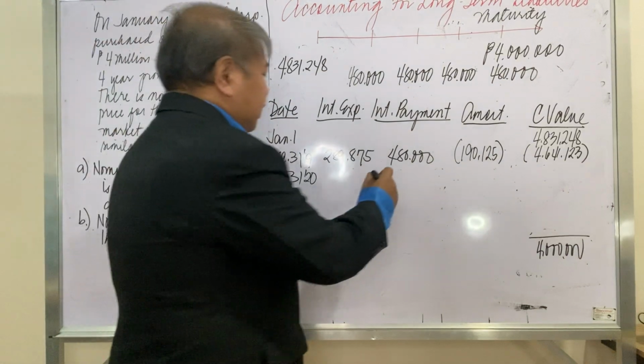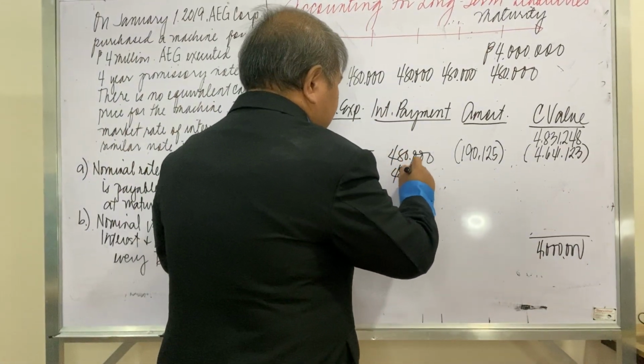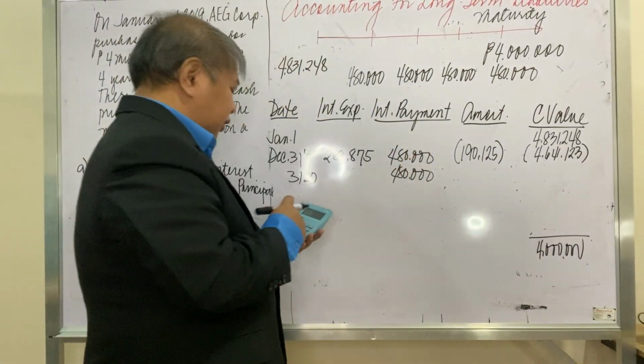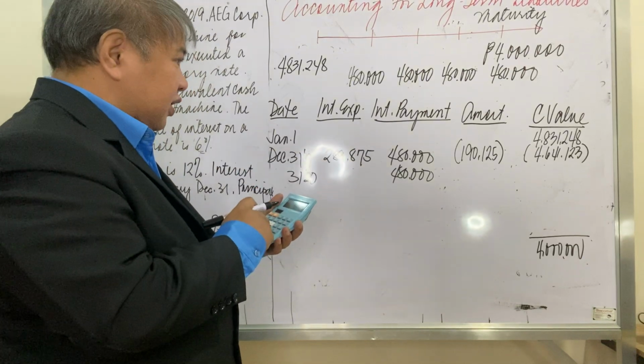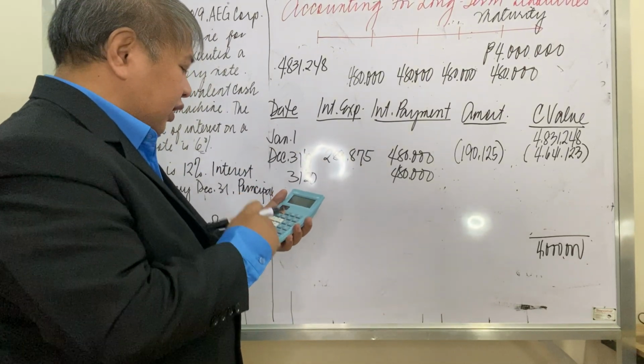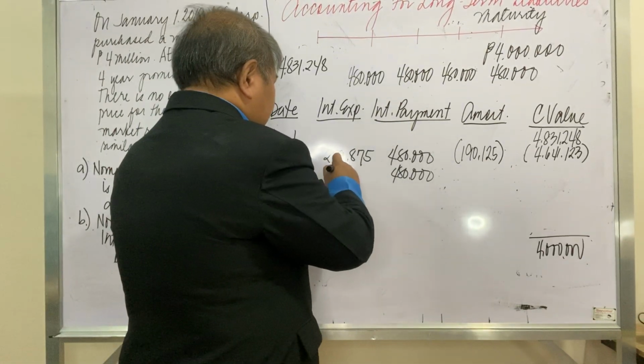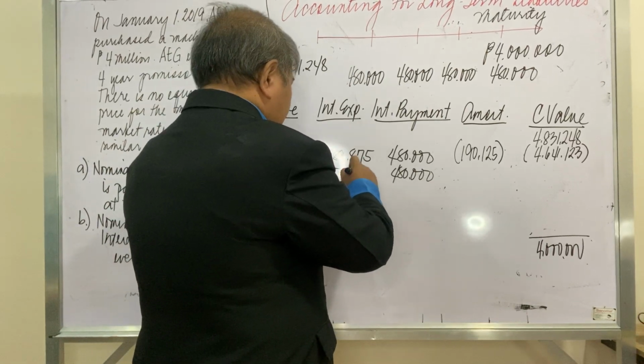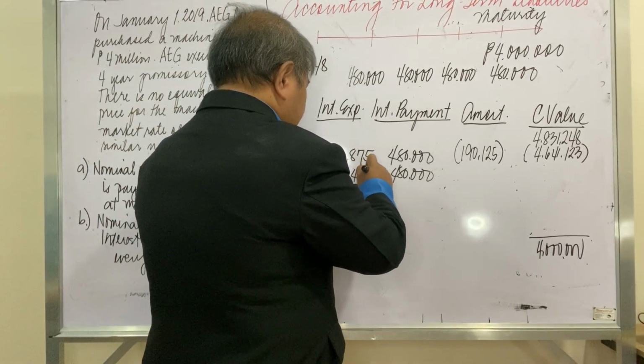Okay? Now, on the second year, December 31, 2020, again the nominal interest is 480,000. And for the interest expense, that's 4,641,123 times 0.06. So that's 278,467.